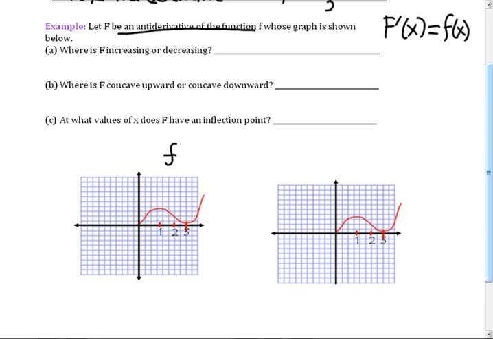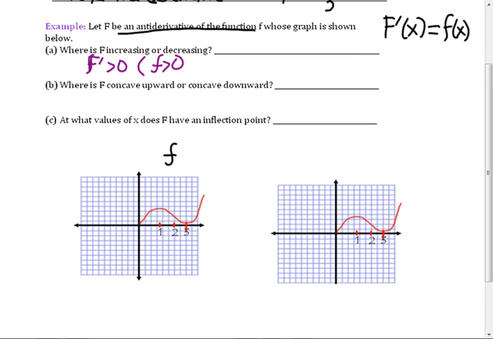Okay, and you would get a point for saying that. So it says, where is my original function, my antiderivative, increasing or decreasing? I always justify first. Is the function increasing or decreasing? It's increasing when its derivative, F prime, is greater than 0. Or, in this case, little f is greater than 0.